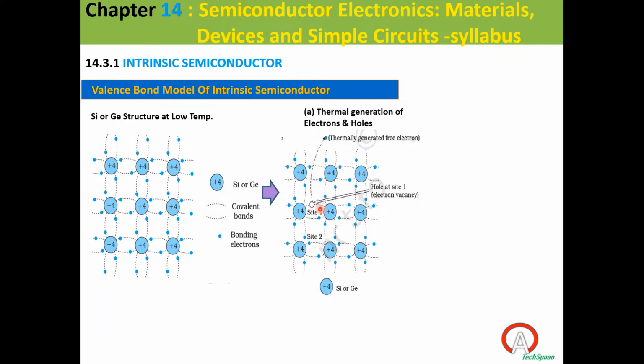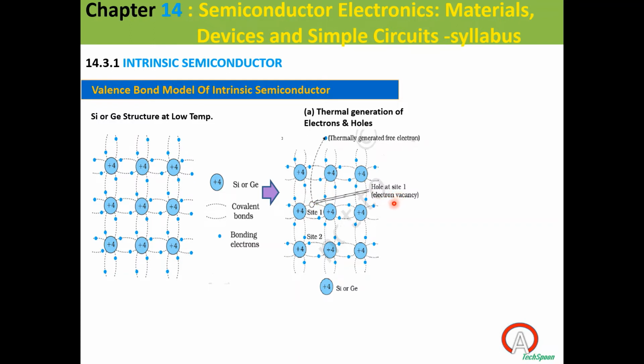But when thermal excitation happens, a single electron will move out of this covalent bond, creating a hole here. This is the absence of an electron. From where this electron moves out, a hole is created, an electron vacancy.